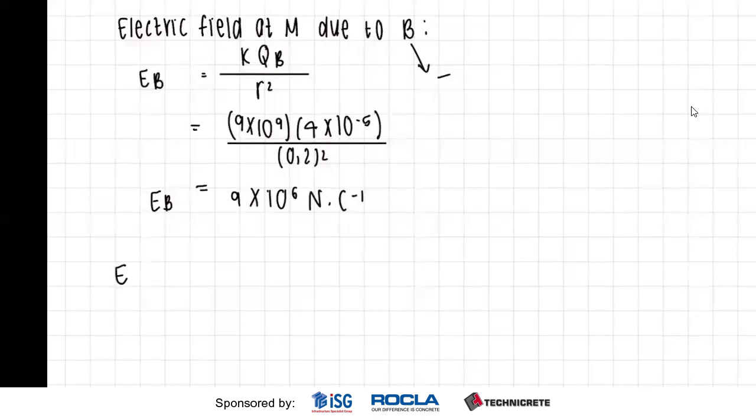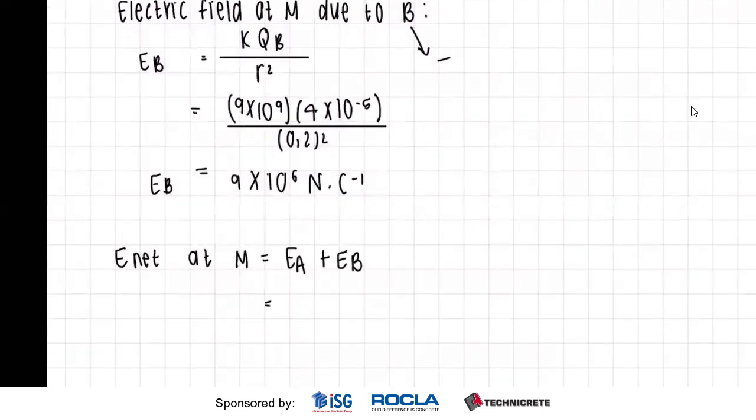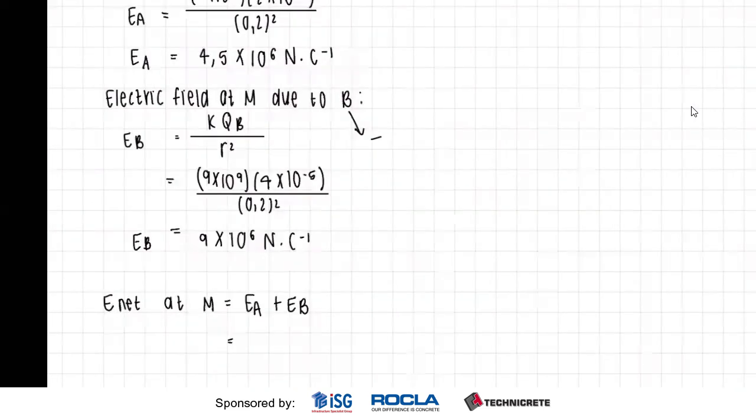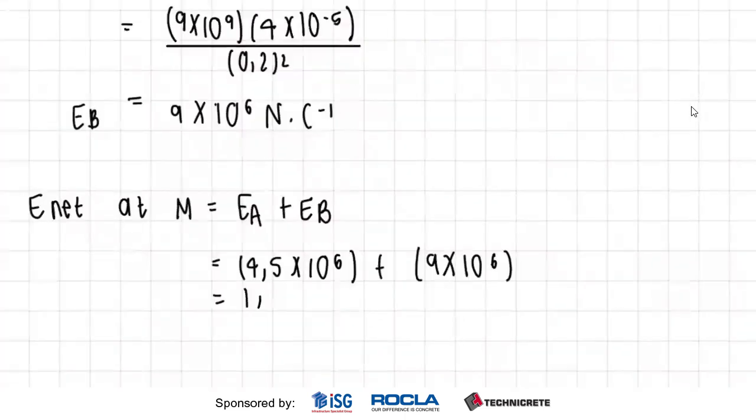Therefore, the net electric field at M is the electric field due to A plus the electric field due to B. And that is, the electric field due to A was 4.5 times 10 to the 6 plus 9 times 10 to the 6, which is 1.35 times 10 to the 7 newtons per coulomb, N C^-1.